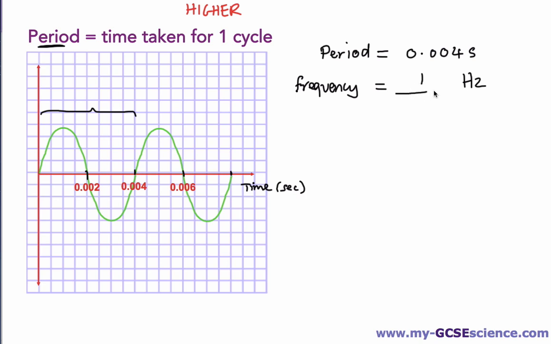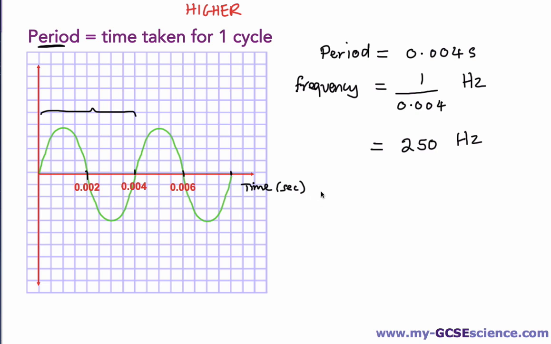You just say 1 divided by 0.004, because we're looking at seeing how many of these 0.004s go into that 1 second. So that's the calculation we do, 1 divided by 0.004, and I believe the answer to that is 250. So the frequency for this particular readout is 250 cycles per second, 250 hertz, and that's how you would do a calculation like that.